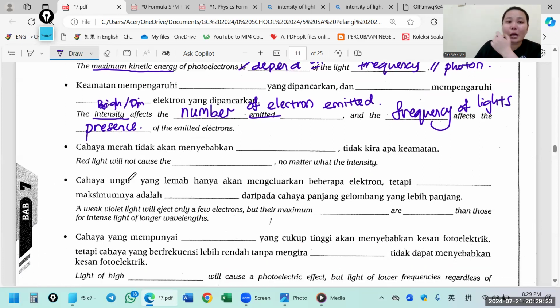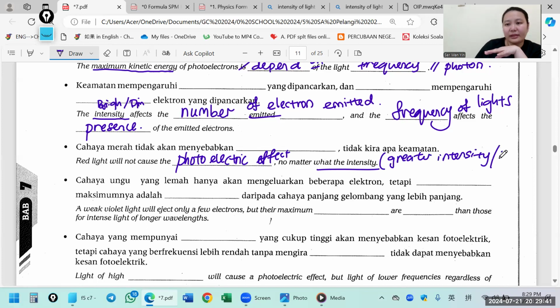Okay, red light will not cause the photoelectric effect, no matter what the intensity. Means greater intensity, very bright, red light also no photoelectron because the frequency of the red light is smaller than threshold frequency. So smaller means photon not enough.